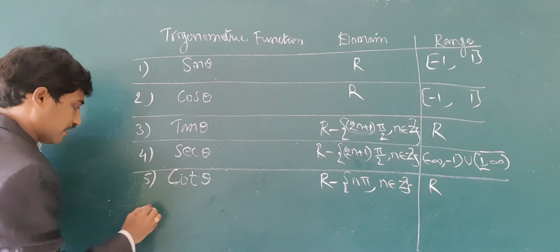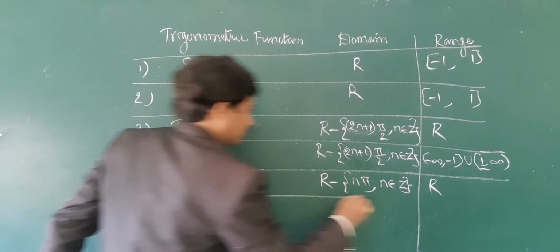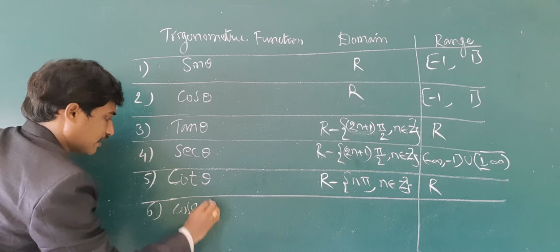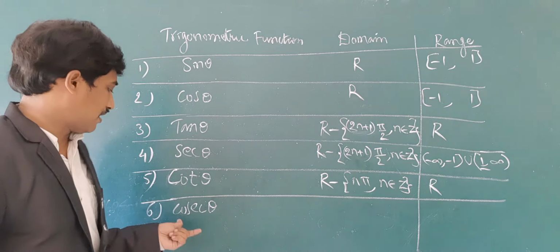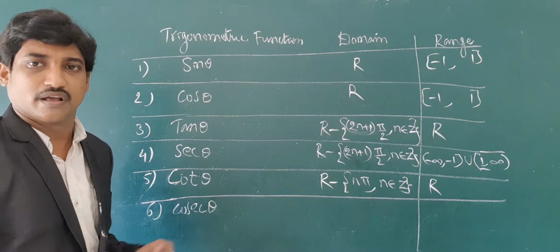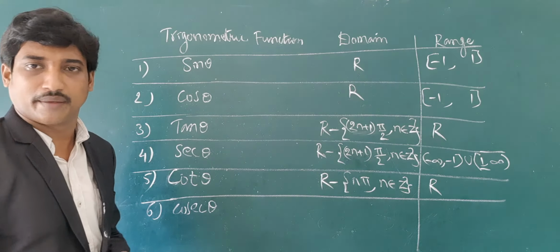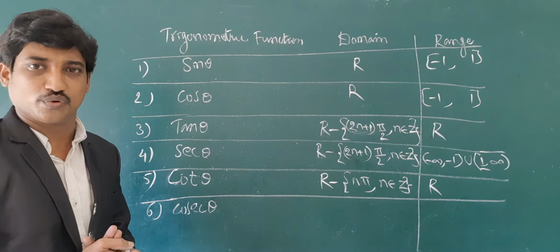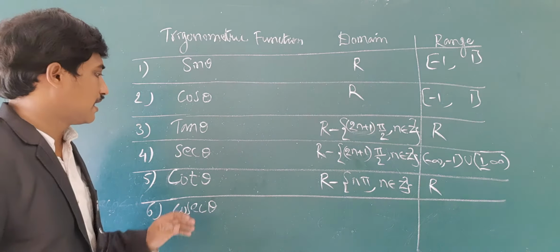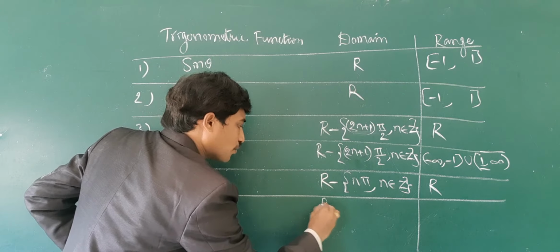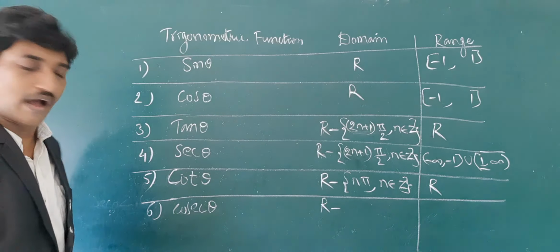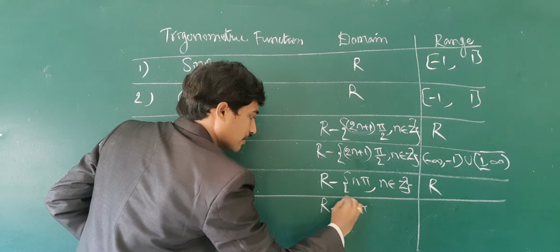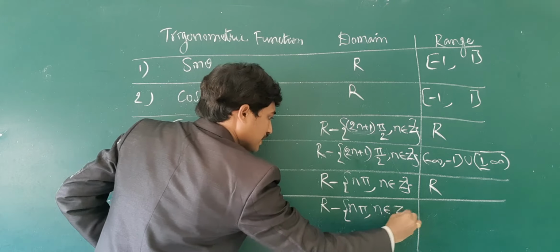Finally, cosecant theta. Its value is r by y, so it is not defined when y is equal to 0. So the domain of cosecant theta is also R minus {n pi, n belongs to Z}.